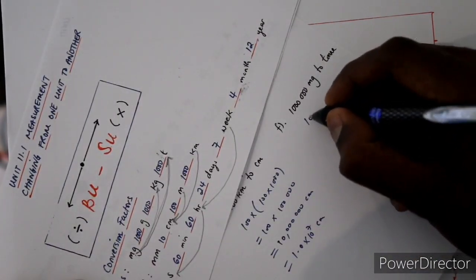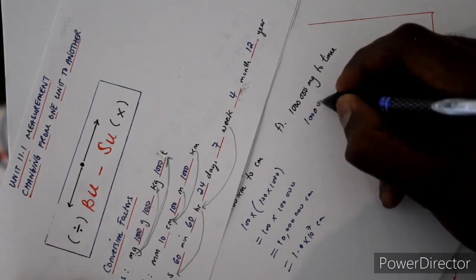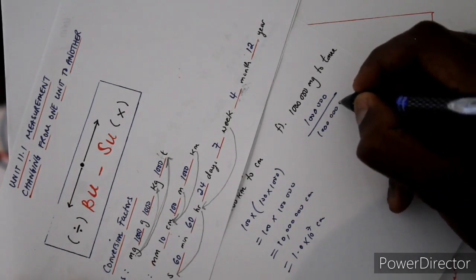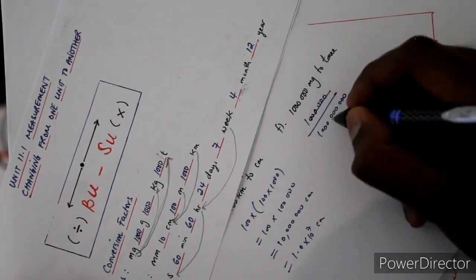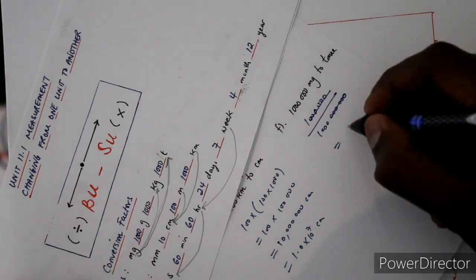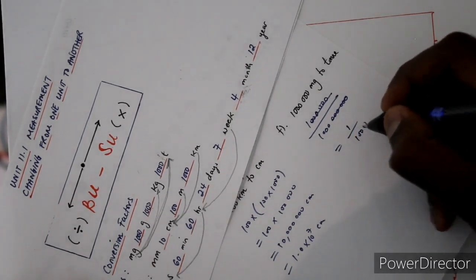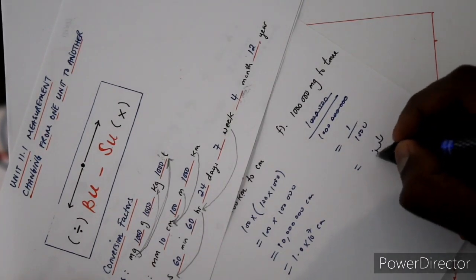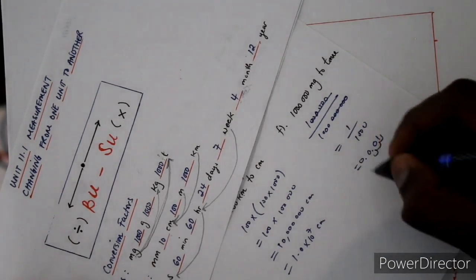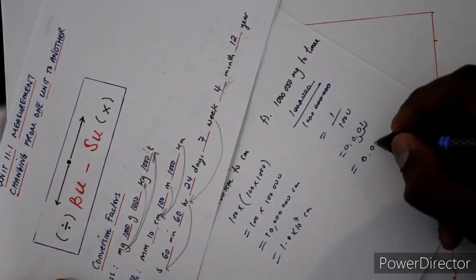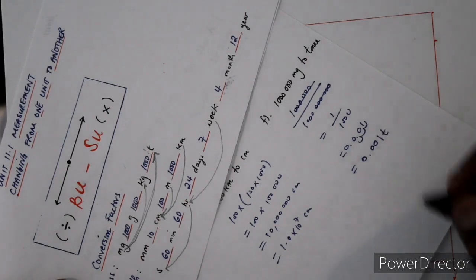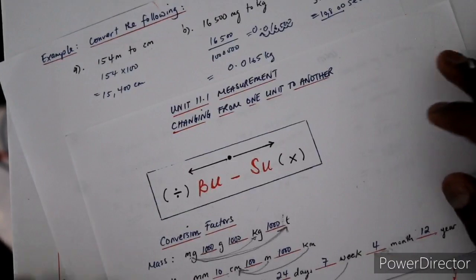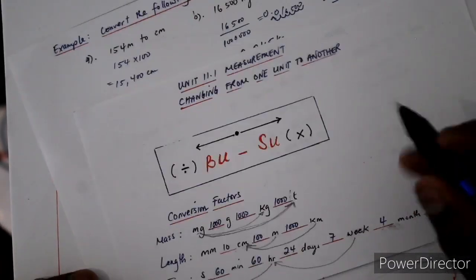So we will have 1 million over 10 to the power of 9, which is 1 over 1000. So you should have 0.001 tons.